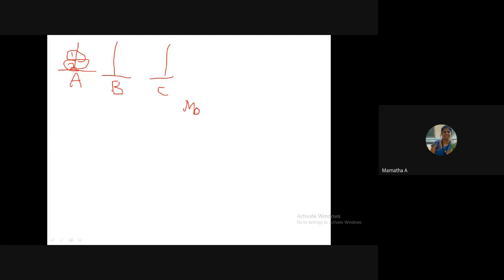Move disk 1. From where, students? From A to B. Okay, so move disk 1.